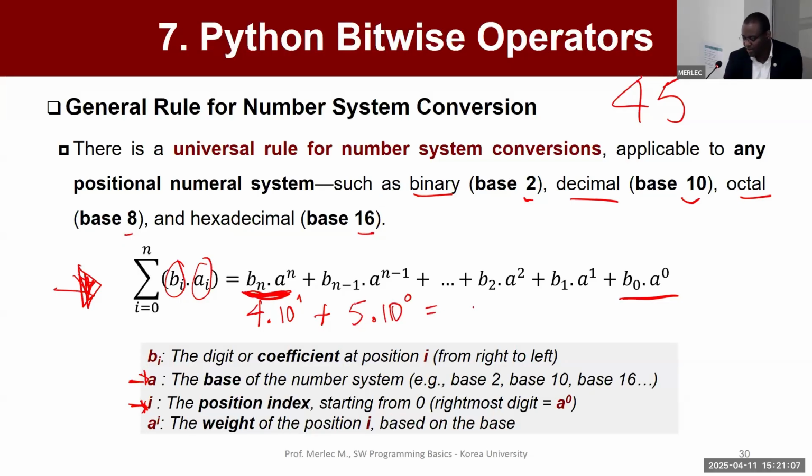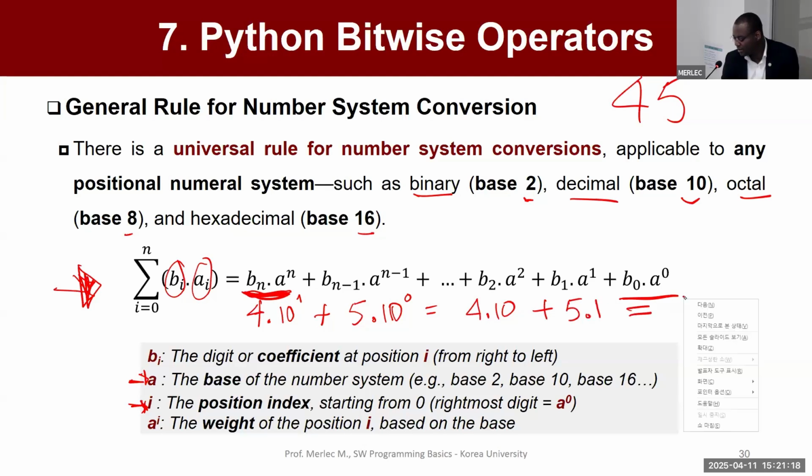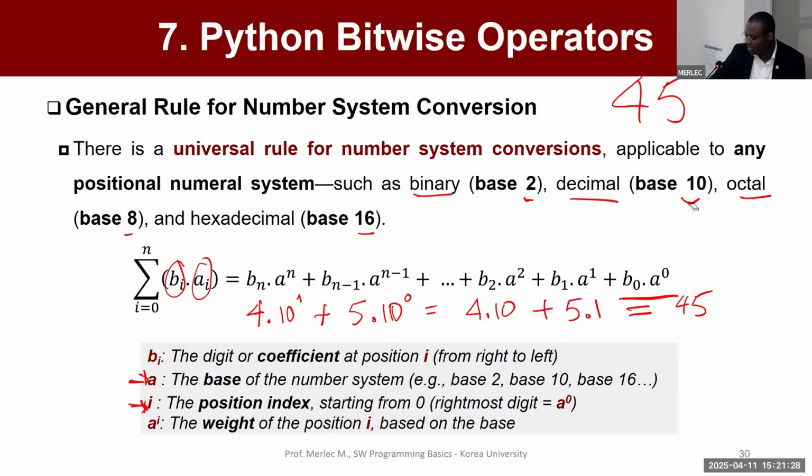That is 4 multiplied by 10 plus 5 multiplied by 1, which gives me 45. So this is basically the way we have learned.